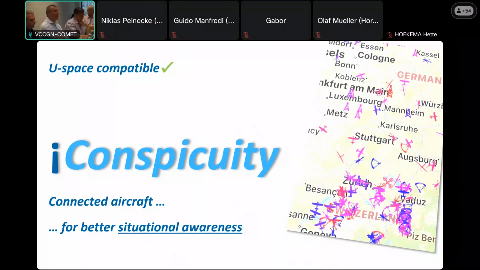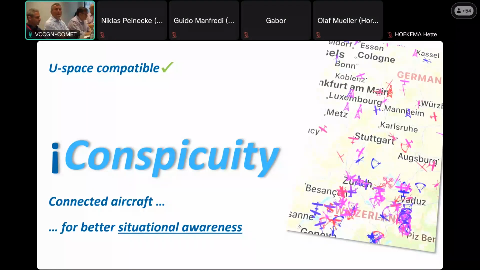We are talking about improved situational awareness about surrounding traffic, airspace, and hazards like weather and others, so that pilots can execute flight better, and those on the ground can execute their functions better. The I in the beginning can also be interpreted as an inverted exclamation mark, and conspicuity is the baseline of all of this. It's a basic foundation brick, because without being conspicuous, all of these other things would be unachievable.